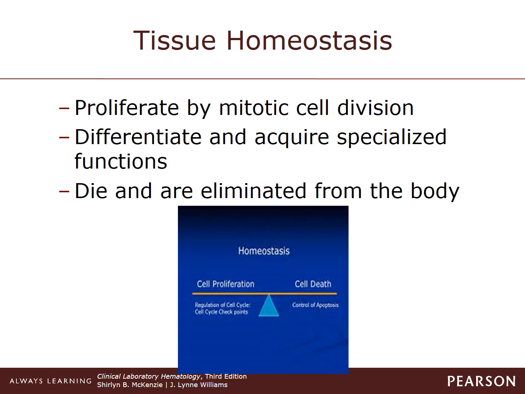So cell proliferation is required for the replacement of cells lost to terminal differentiation, cell death, or cell loss. Differentiation provides a variety of different cells, each of which is capable of executing specific and specialized functions.